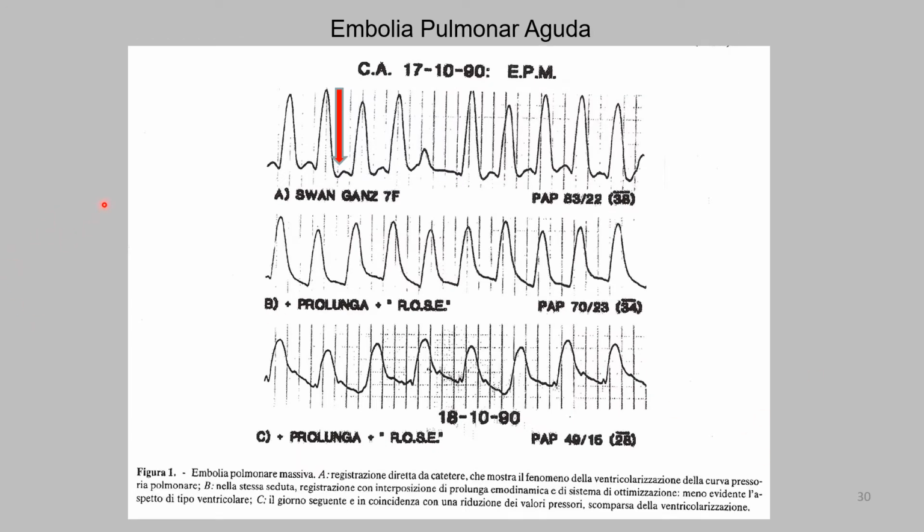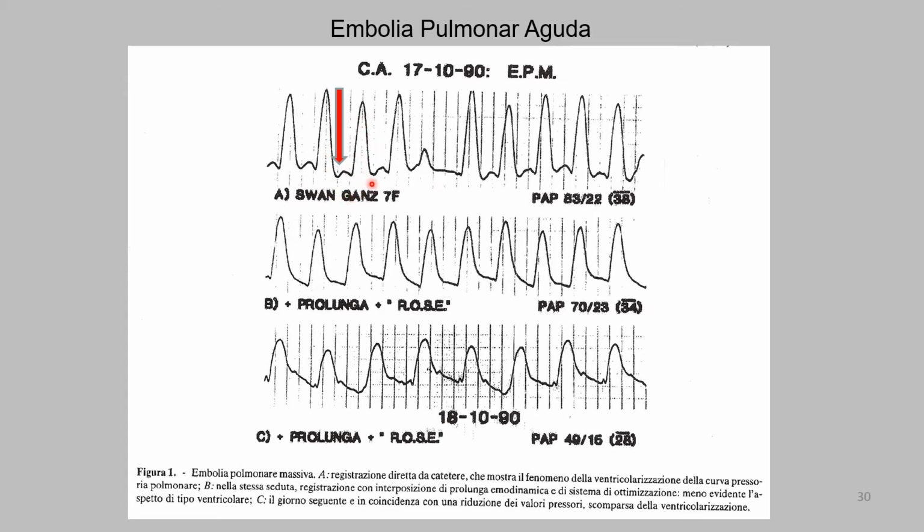So until that point, we were talking about chronic thromboembolic pulmonary hypertension. But look at this paper on acute pulmonary embolism, from Morpuk in 1990. He's describing here also a very high peak velocity. This is the time of the Swan-Ganz catheter in the intensive coronary unit, with the catheter tip inside the MPA.